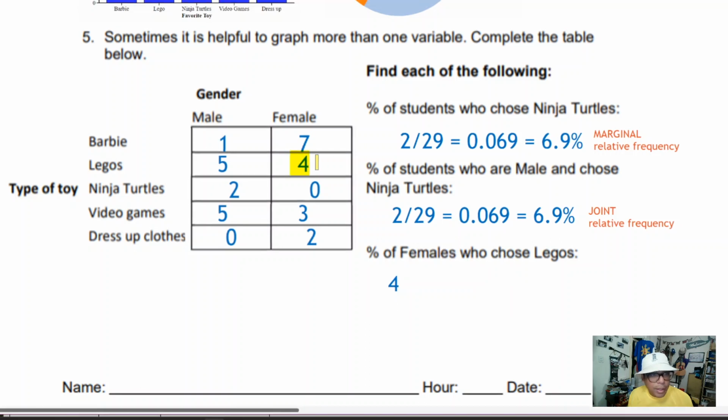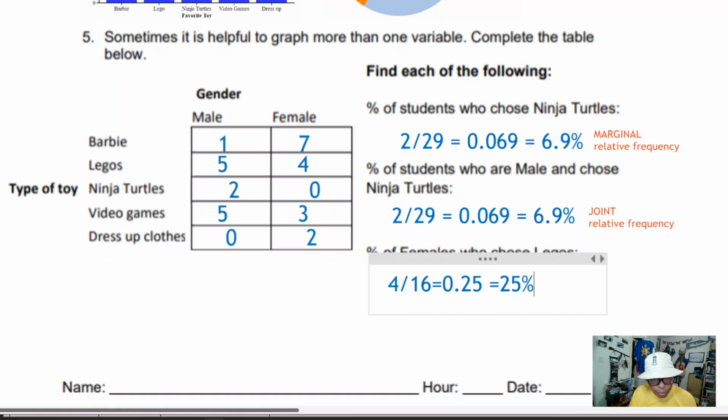Well, how many total females are there? If we add that together, that's 7 and 4, that's 11. 11 and 3 is 14, 15, 16. There are 16 total females, and that gives us 0.25 or 25%.